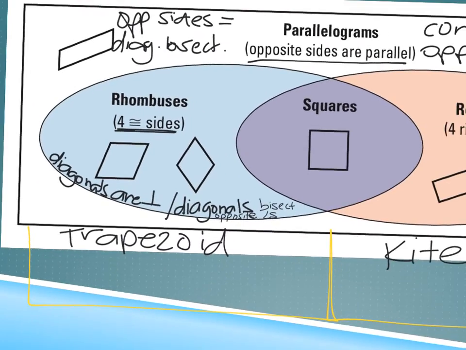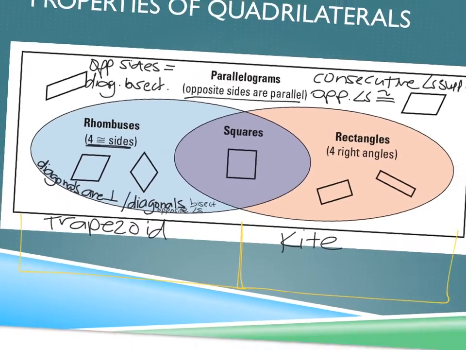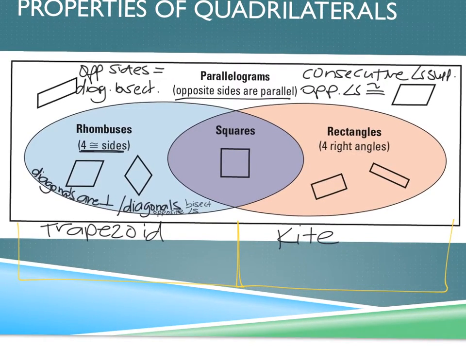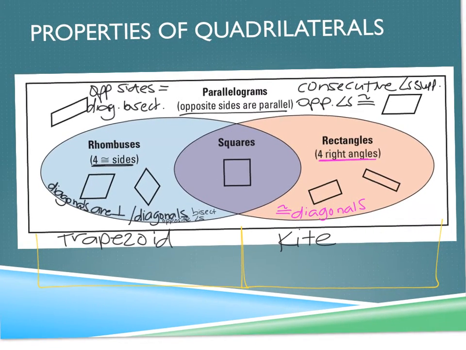All of that is true for rhombuses. And then rectangles had 4 right angles and congruent diagonals. And then squares have it all. All of those properties that are already on that list would apply to squares.